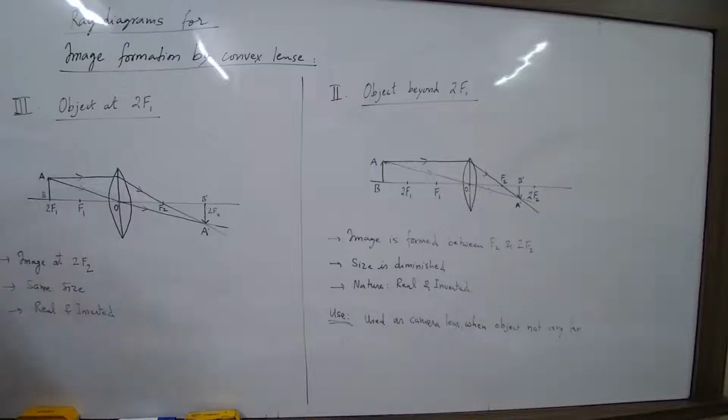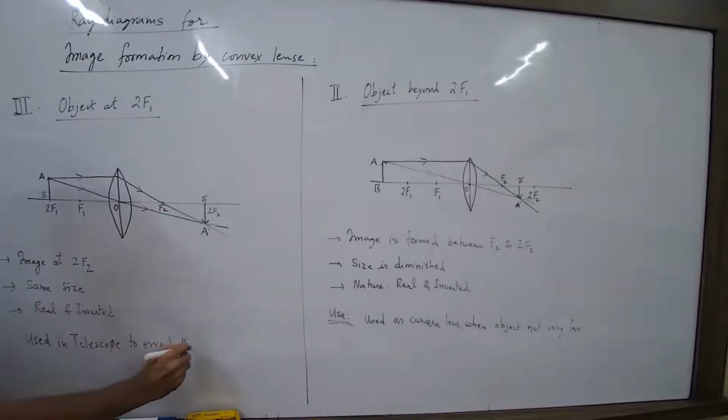What about the third one? Used in a slide projector, right? Or telescope. In this manner, a convex lens is used in a telescope. So what was the first one? Burning glass. Third is used in a telescope, to erect the inverted image.